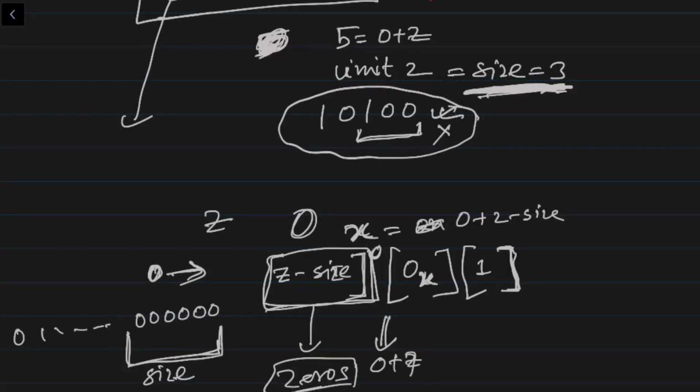And x is equal to o plus z minus size, so the index is 2 minus 3, which is 1.